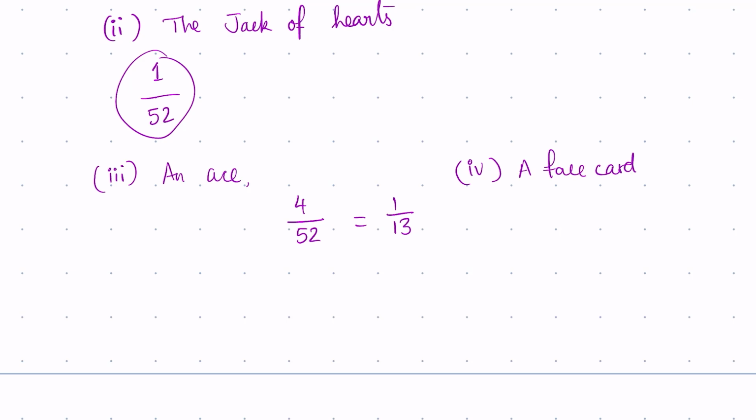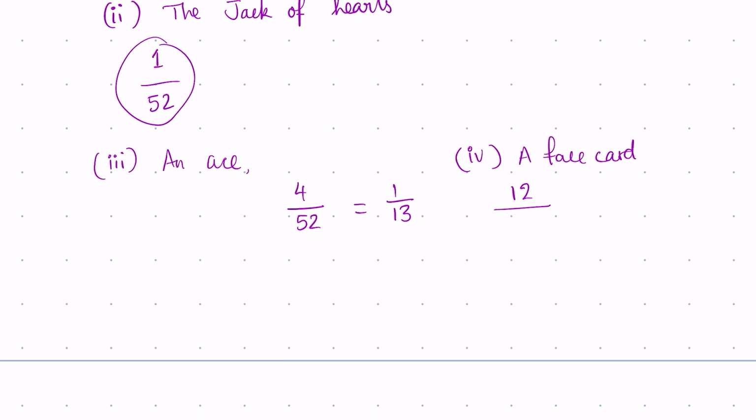There are actually 12 face cards, 3 face cards for each suit. So 12 out of 52, that is 3 by 13. Okay, so we're done with question number 35 also. So question number 36.